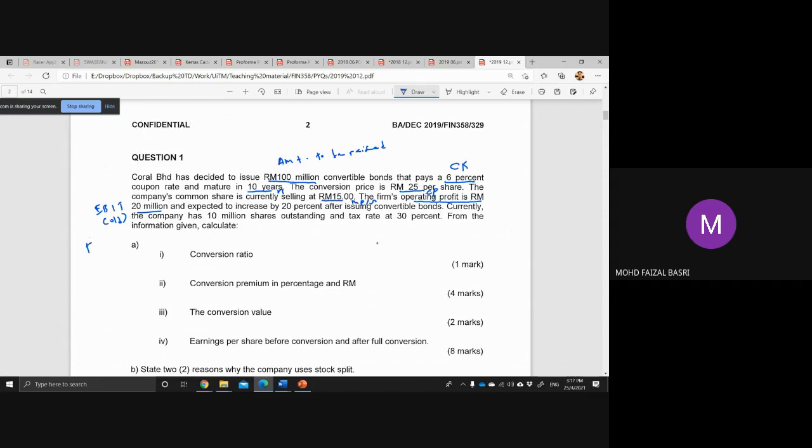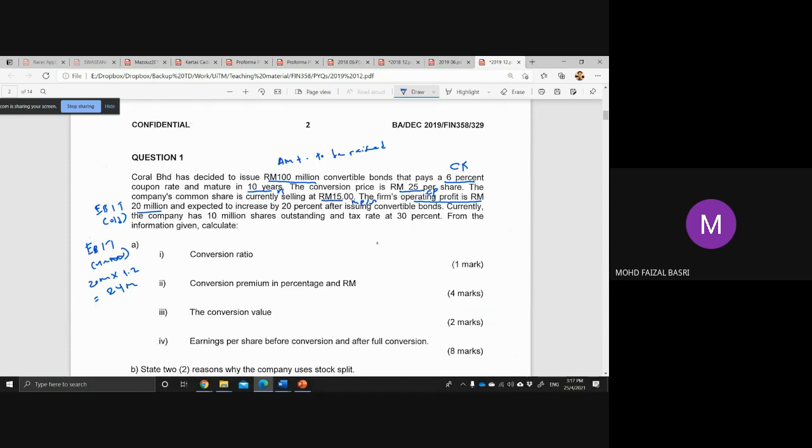So EBIT yang new, we can increase the 20 million by 20%. 24 million. So this will be the new earning before interest and taxes. Okay, so 20 million increased by 20%.